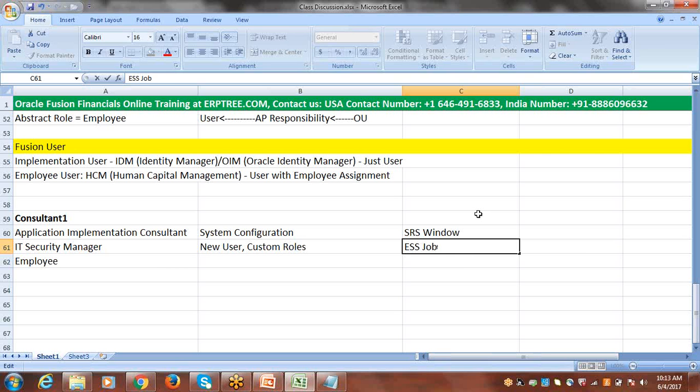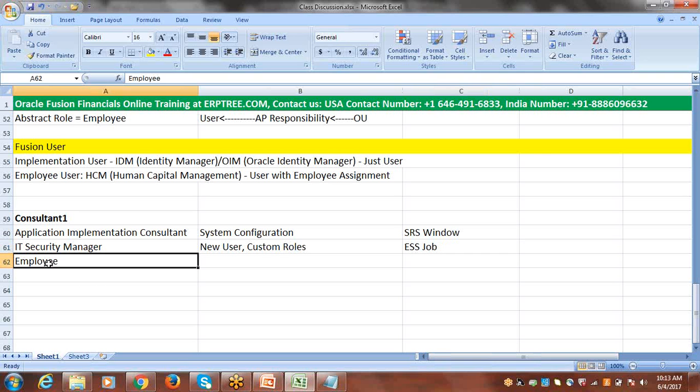Now in EBS, if you assign any responsibility, the user can have access to the SRS window. But in Fusion, if you want access to the ESS job related page, you should assign the employee role to that user. Otherwise, you cannot access that page to submit any report or request.